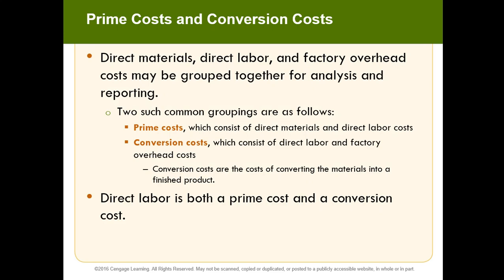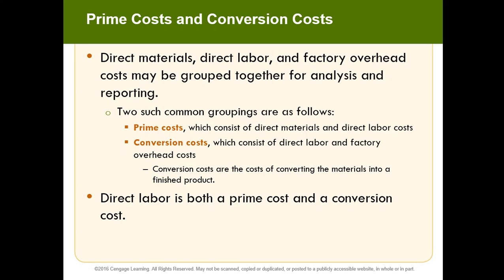Now those manufacturing costs of direct materials, direct labor, and overhead can be grouped together, again, to analyze different things. The most common groupings you'll see are prime costs and conversion costs. Prime costs are what is going in directly to that product, direct materials and direct labor.